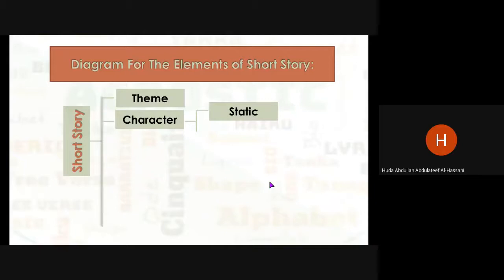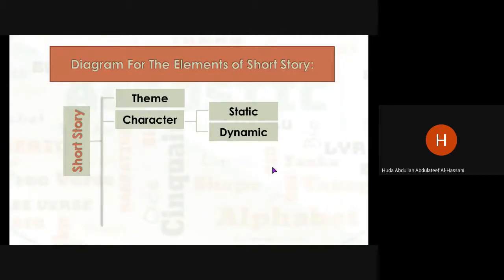So this kind of character should be at the same level from the beginning to the end of the story, which is different from the other type, which is dynamic. Dynamic means the character should be changed through the course of the story.